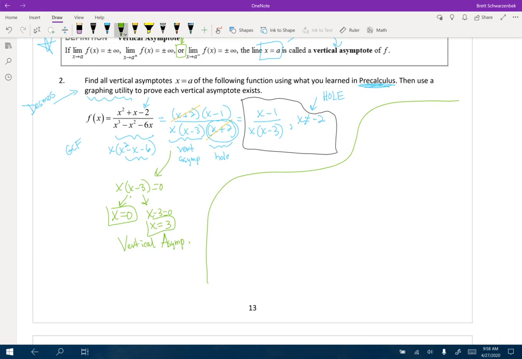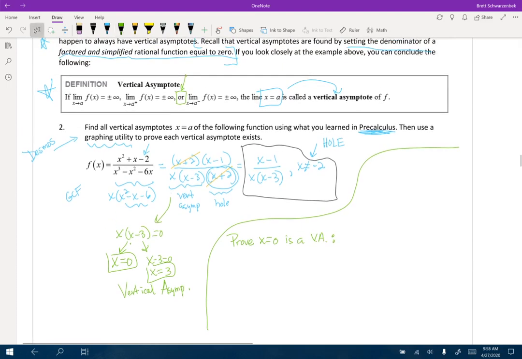Well, let's say we need to prove that x equals 0 is a VA, for vertical asymptote, okay? So let's say that's our first step. So what do we need to do? According to this theorem up here, we just simply have to prove that, and I usually just do a one-sided limit, that a one-sided limit approaching x equals 0 is infinite.